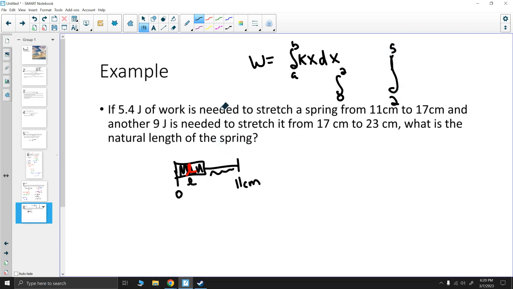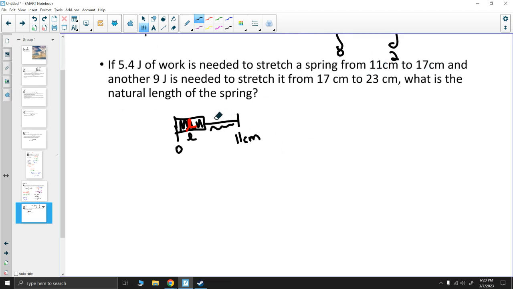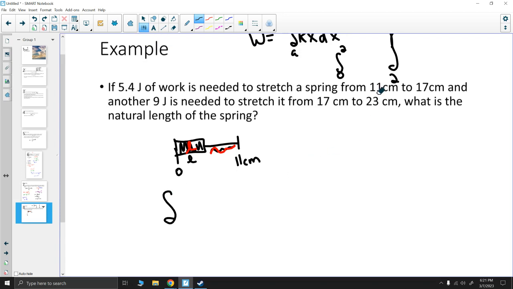So when we're talking, we're stretching this thing 11 centimeters and 17 centimeters. What we need to figure out is, what is this stretch that's occurring so that we can find this length here. Okay, so let's talk about it in terms of, first off, our 11 centimeters. Notice these are centimeters. We need to be in meters, so that's just 0.11 meter.